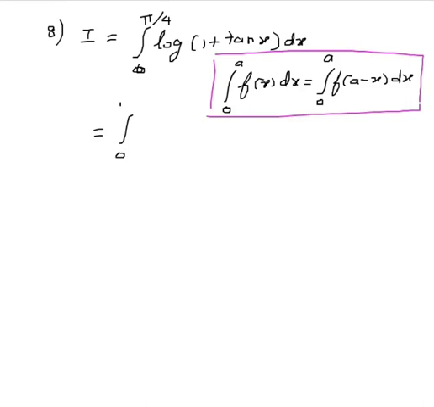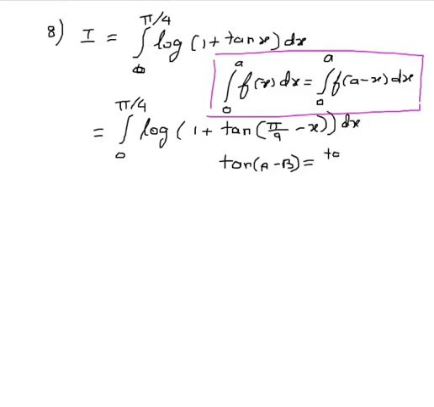Therefore, the integral becomes integral 0 to pi by 4 of log of 1 plus tan of a, here a is pi by 4, so it becomes pi by 4 minus x dx. Tan of a minus b is tan a minus tan b divided by 1 plus tan a times tan b.